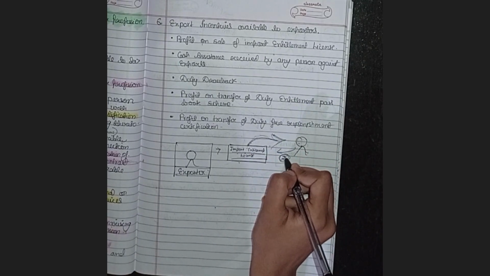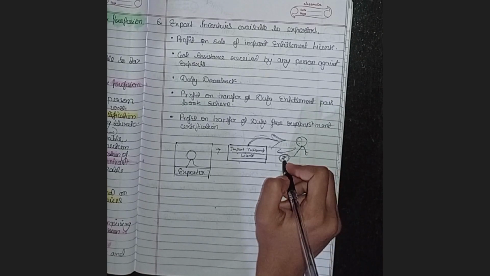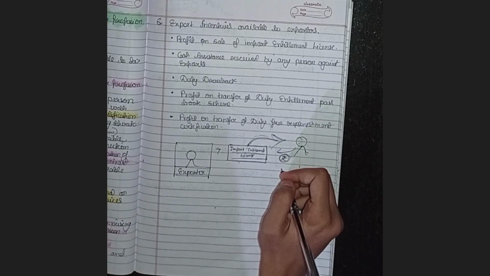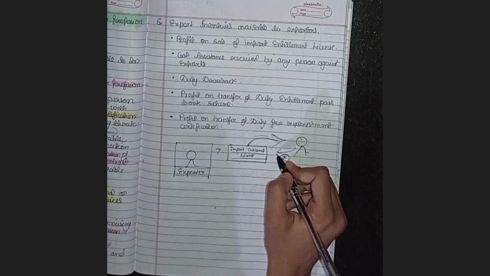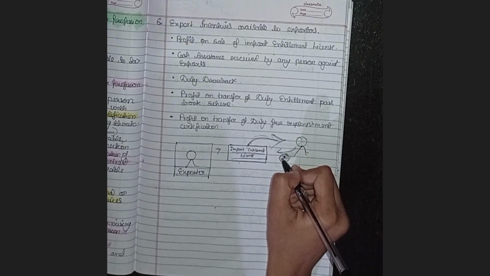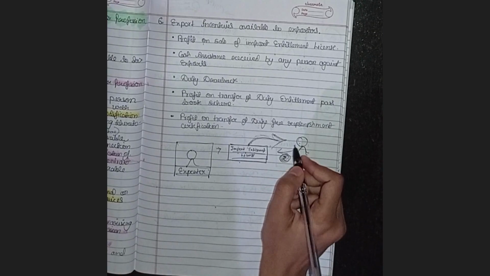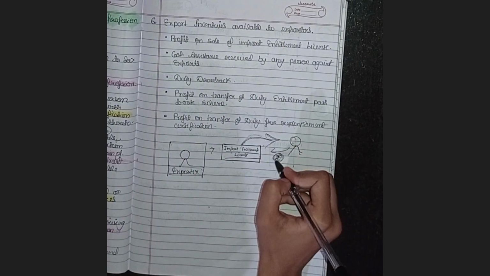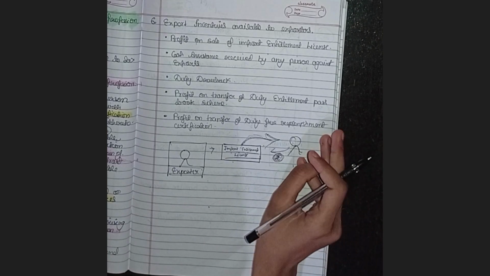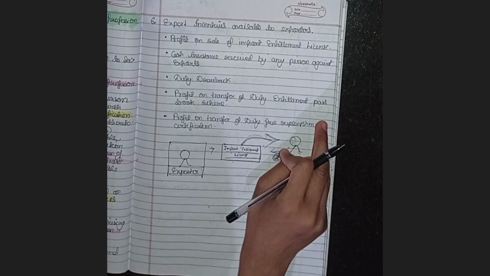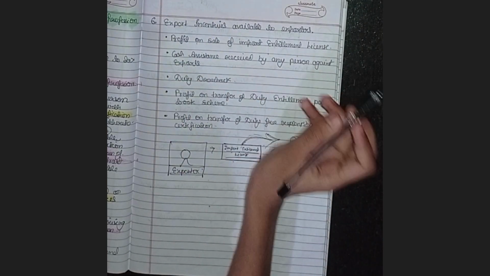Where shall this money be chargeable to tax? Obviously that money would be chargeable nowhere other than PGBP. So this money would be chargeable to tax under the head PGBP. This point is done.